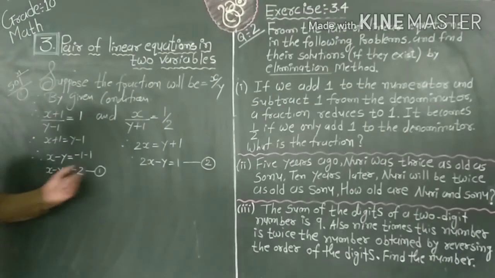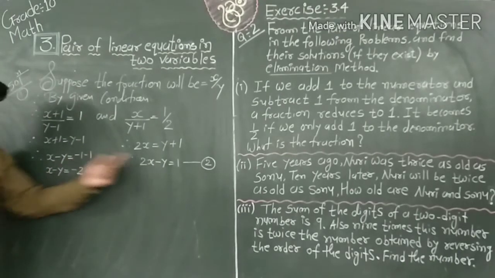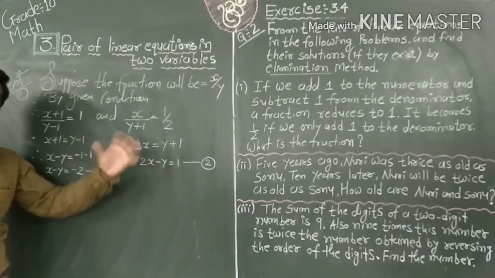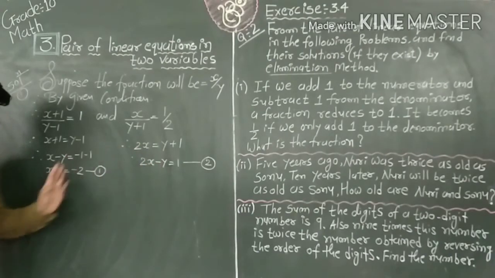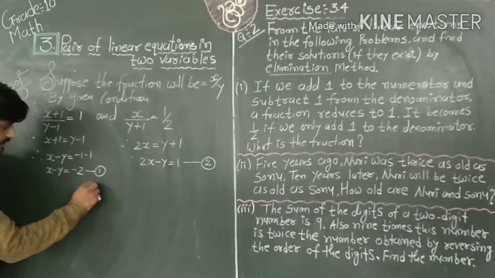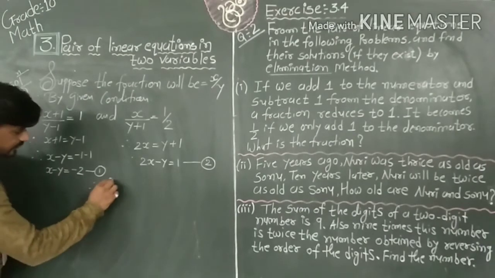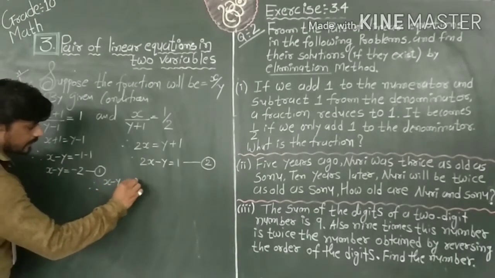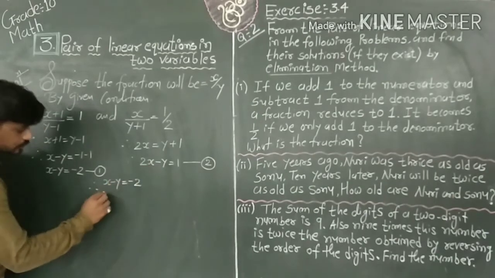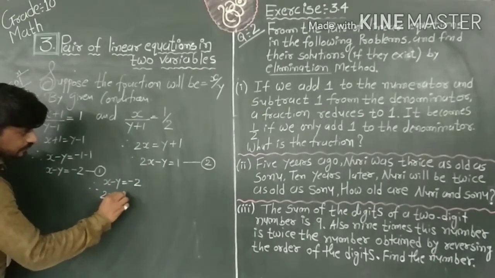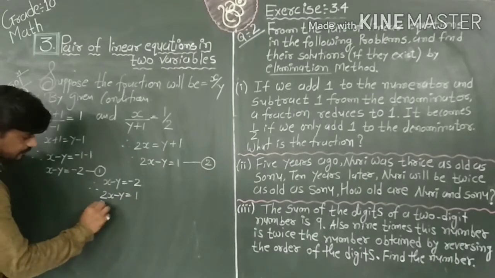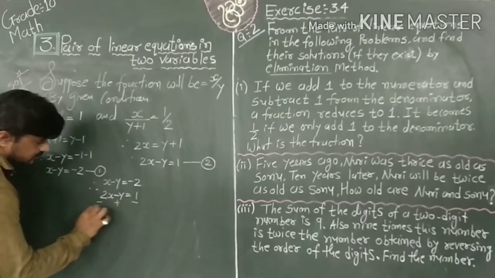Now look at these two equations. Here the second terms are the same. That means we only arrange both equations like this. Therefore x minus y is equal to minus 2, and below this one 2x minus y is equal to 1. Now check this side, minus plus minus.